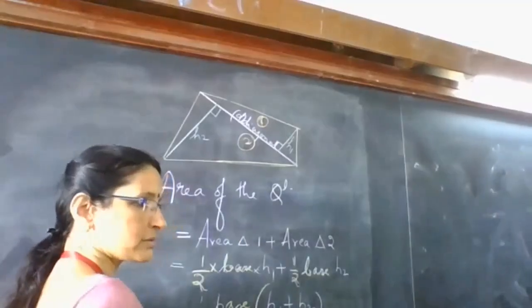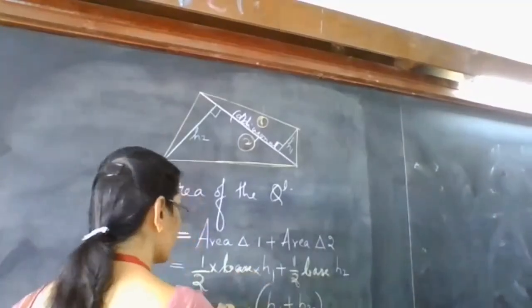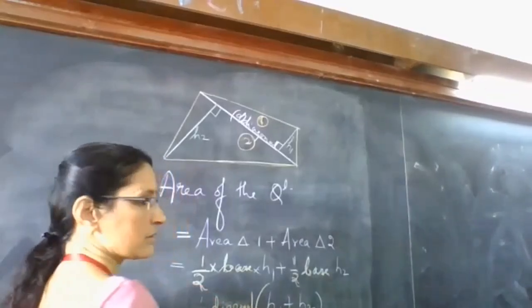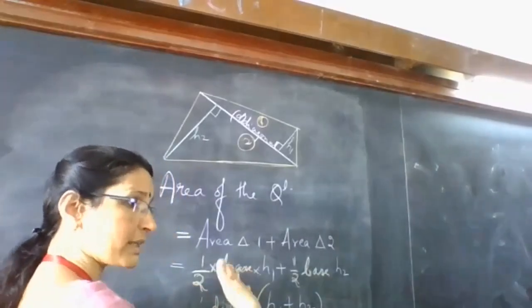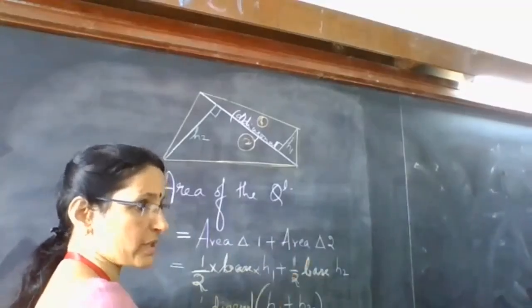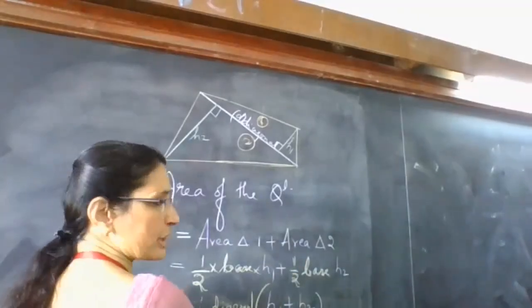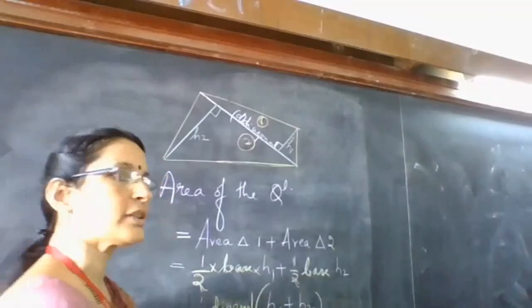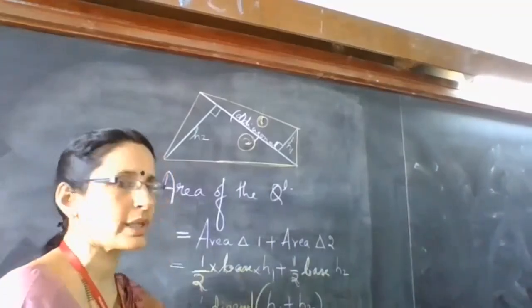So this is the formula and this base is the diagonal. For any quadrilateral, the diagonal which is drawn by us, given the diagonal, the corresponding offsets are H1 and H2. We cannot say it is the height of the quadrilateral. It is not the height of the quadrilateral.